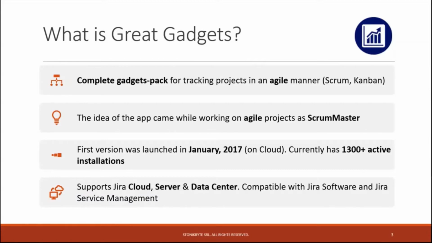It was initially launched on cloud, and a few months after we managed to launch the version for server and data center. And currently the app has more than 1,300 active installations according to the numbers we have in the Atlassian Marketplace, including not only the cloud version but also the data center and server versions of the app.